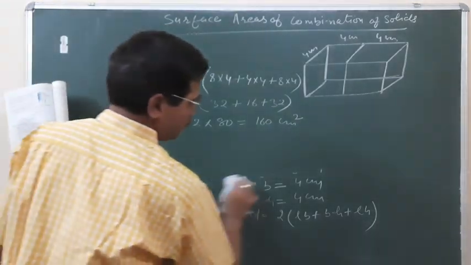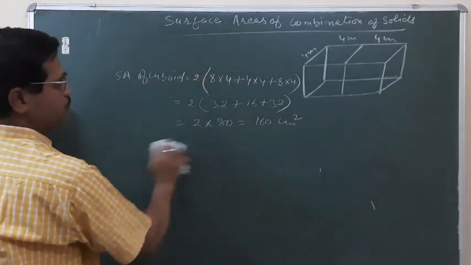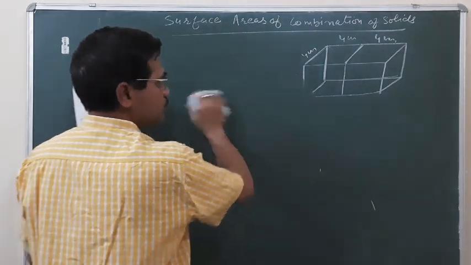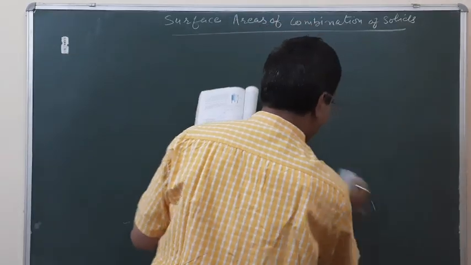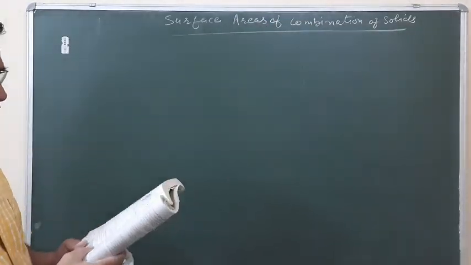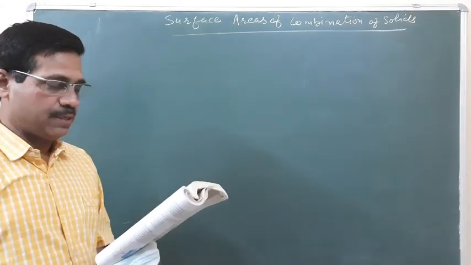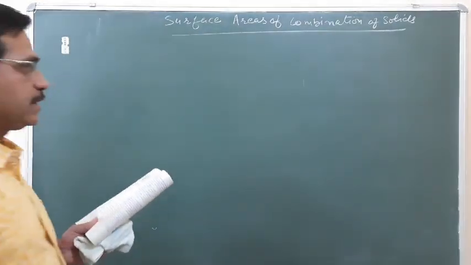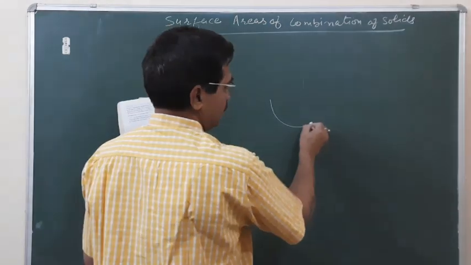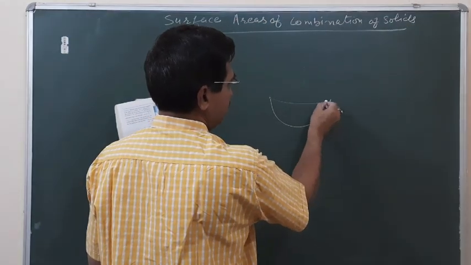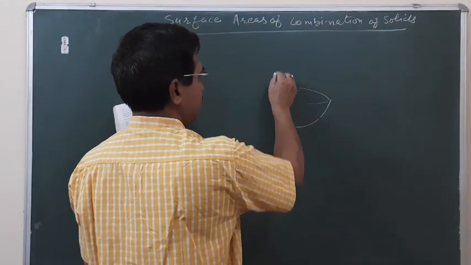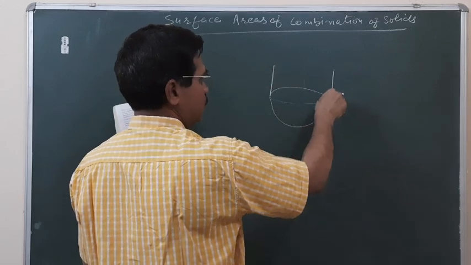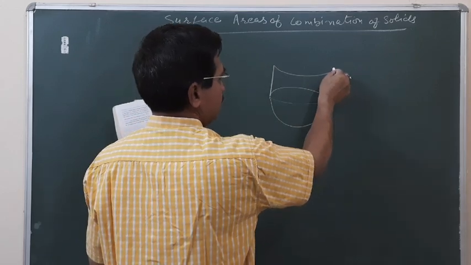Question number 2. In the second question, a vessel in the form of a hollow hemisphere mounted by a hollow cylinder. The lower part is hemisphere and the upper part is hollow cylinder.